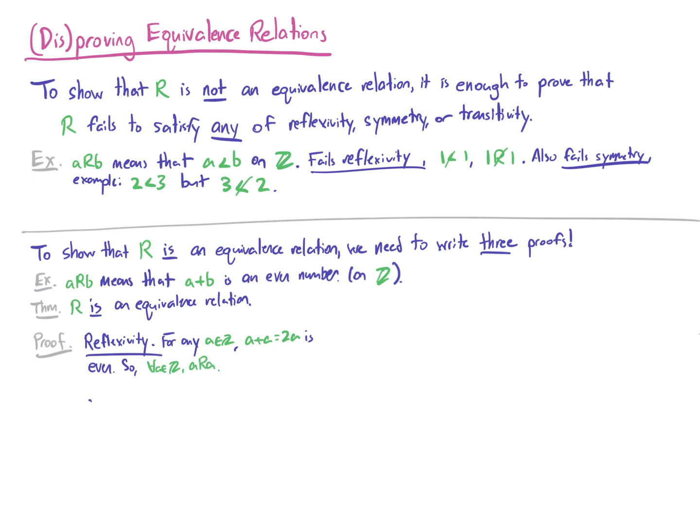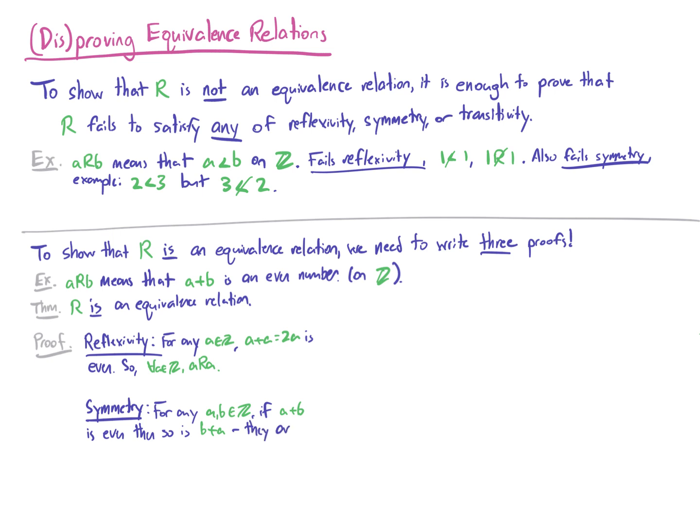Now I need to prove symmetry as well. Proving that something is an equivalence relation requires 3 mini-proofs. Okay, so now for any a and b in the set of integers, if a plus b is even, then so is b plus a.